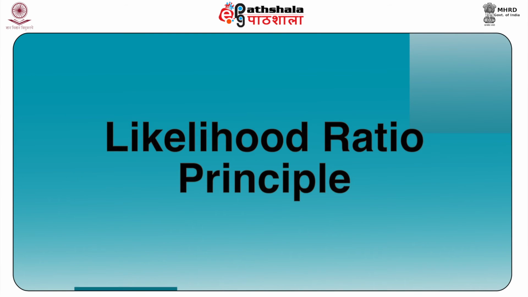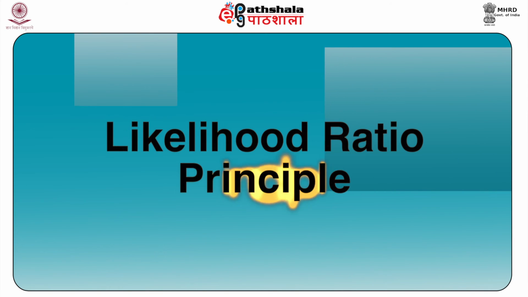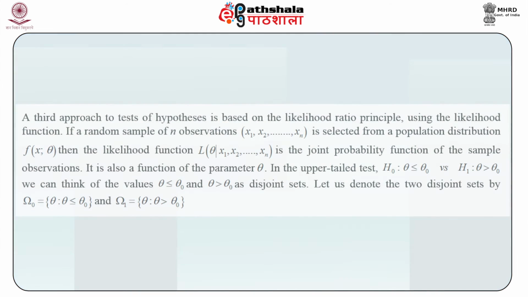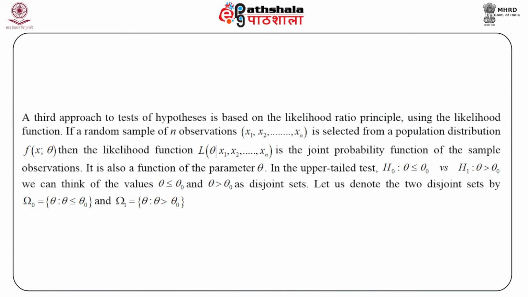Let us now look at, discuss and try to understand the likelihood ratio principle. This is the third approach to tests of hypothesis and is based on the likelihood function.